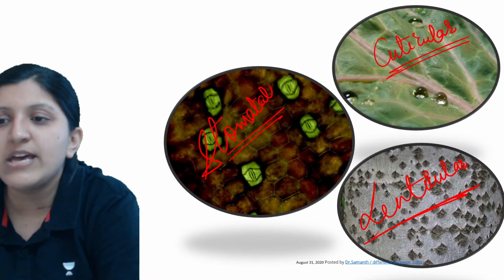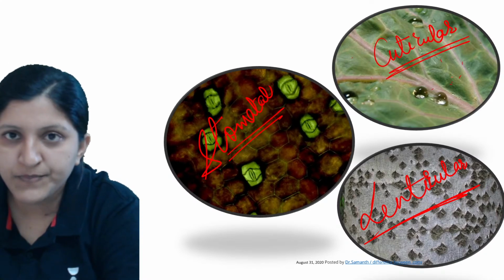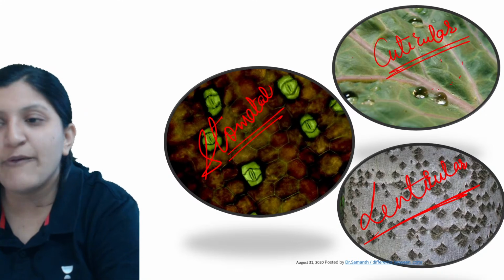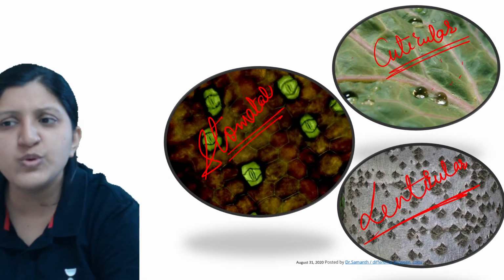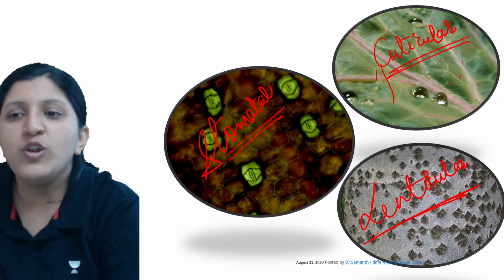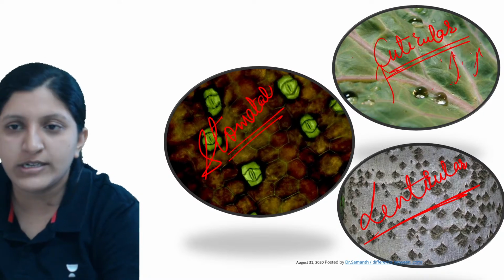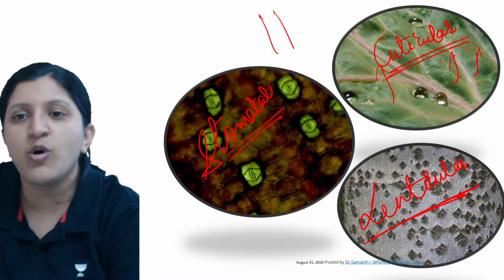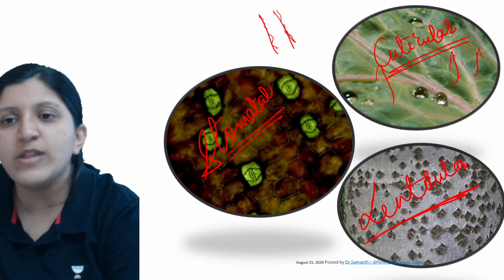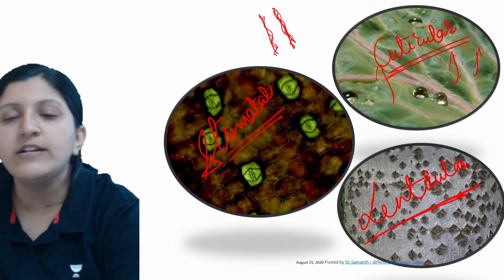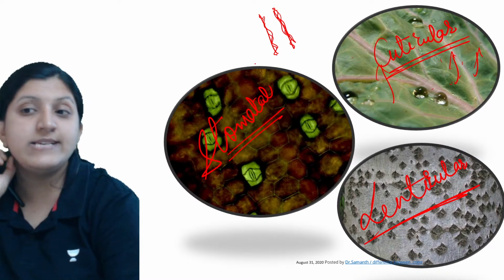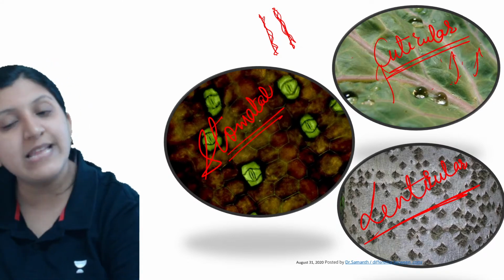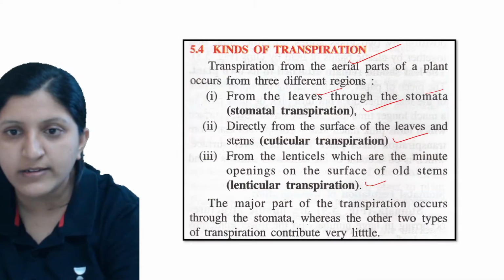This is the surface of the leaf, and you can see the water has condensed there. This is water loss through the cuticle, which can even be present on the stem as such. So there is cuticular transpiration and there is stomatal transpiration.